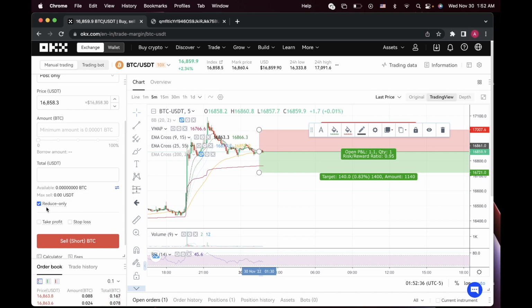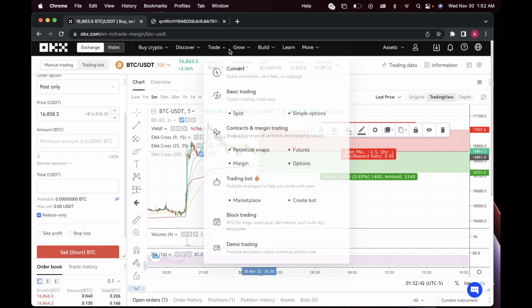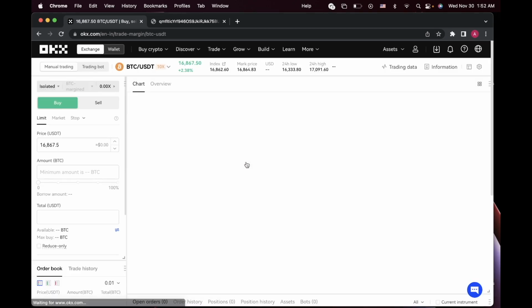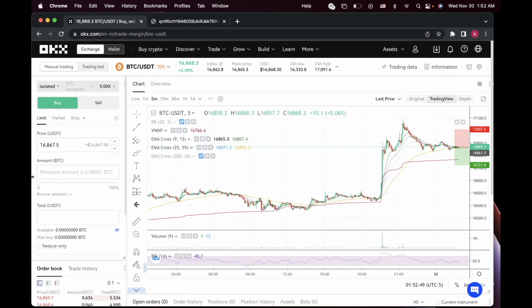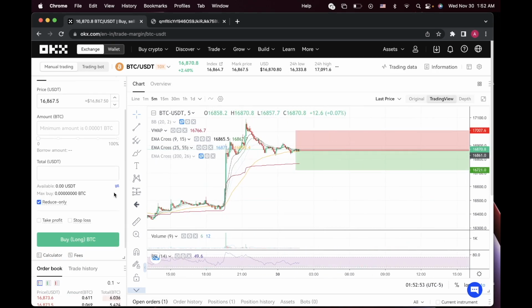Let's go to margin. When we click reduce only, you will find the amount here. Let me go back to margin, because spot is not the right place to do that. Let's go through this one more time and click reduce only.